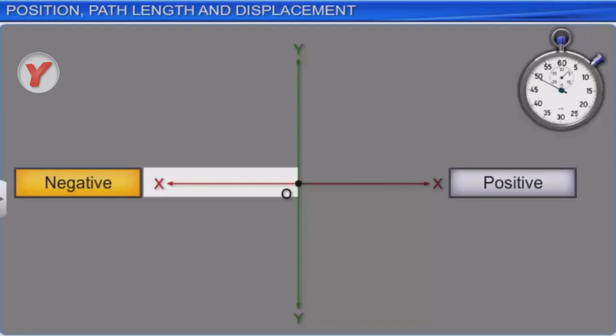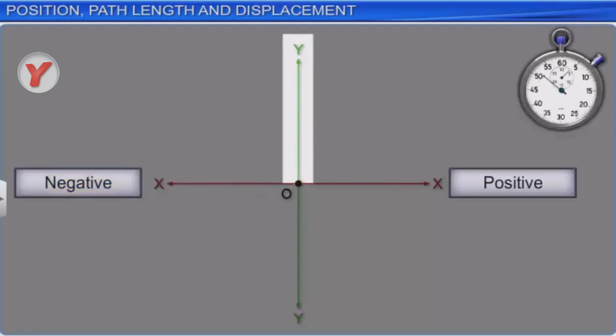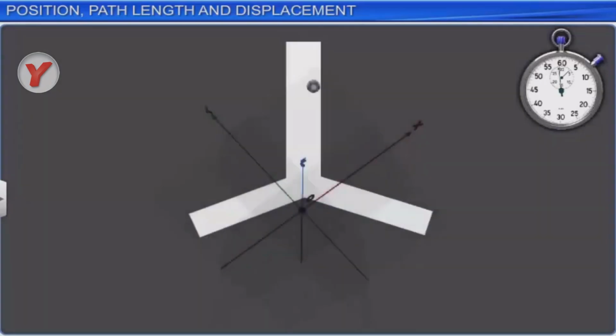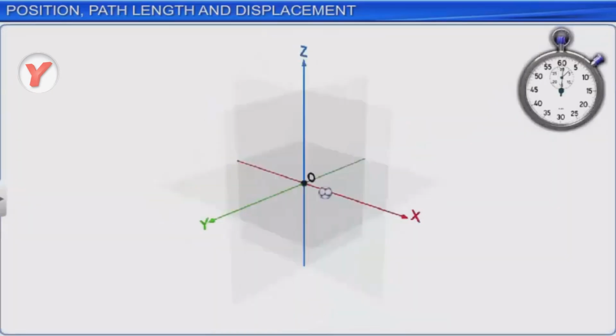Positions above O are taken as positive, and below O as negative.